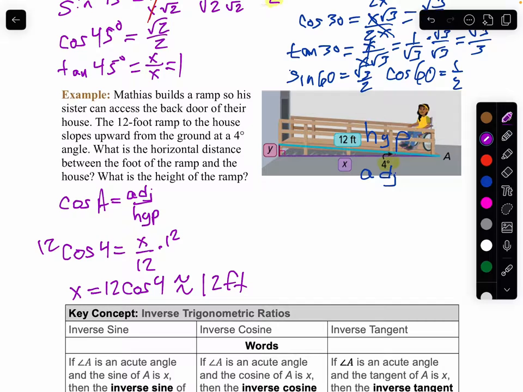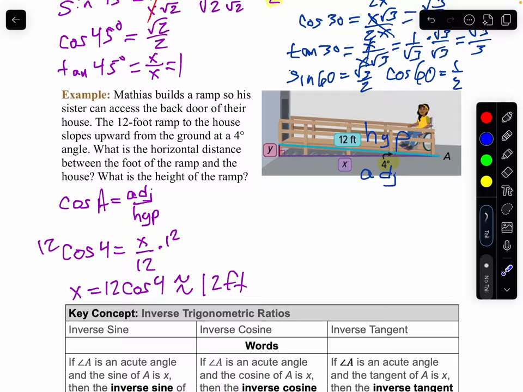Now let's turn around and find the vertical distance. You have a couple different ways you could do it, but since we're doing our trig, let's go with our trig ratios. So I'm going to use angle A again. That's going to be opposite over hypotenuse. Could I have used tangent? At this point you could have, but I would have had a rounded answer there.